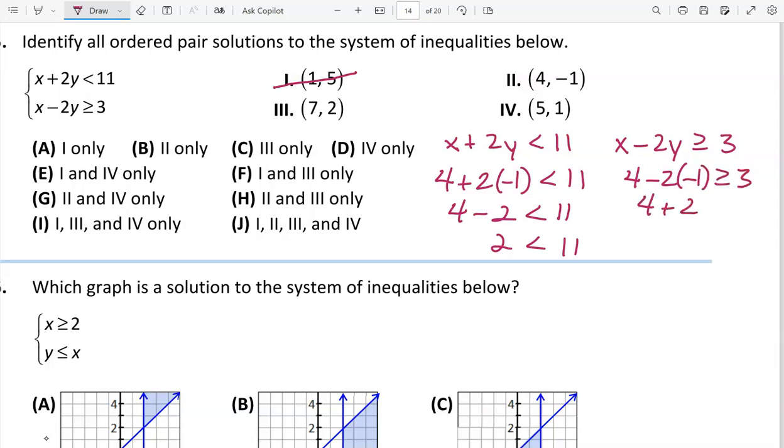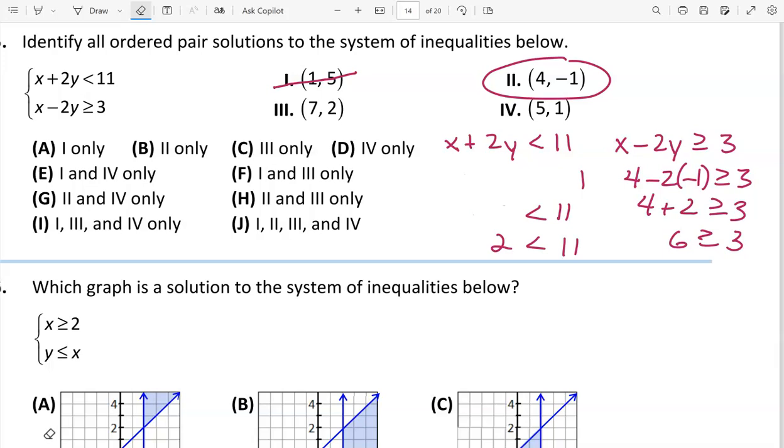That'll give us 4 plus 2 is greater than or equal to 3, or 6 is greater than or equal to 3. Oh, it actually is a solution, because 6 is greater than or equal to 3. So that one works in both. So 2 is less than 11, and 6 is greater than or equal to 3. Now let's test another point and see if it tests in both of the inequalities.